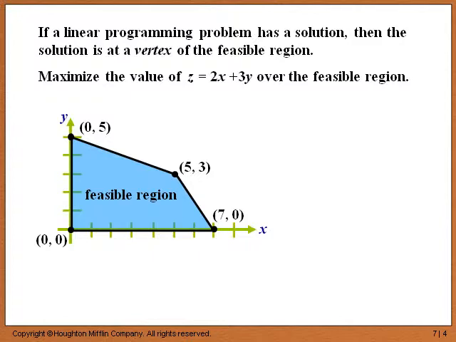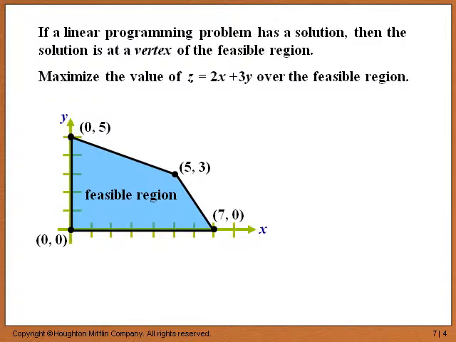So in linear programming, it's not enough just to graph a region. We're going to find a specific point, a specific ordered pair, at which I both satisfy the system of constraints, and I also maximize or minimize, depending on what we're trying to do, the objective function. So here the objective function is z equals 2x plus 3y.